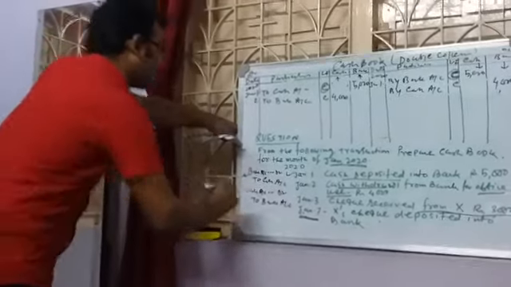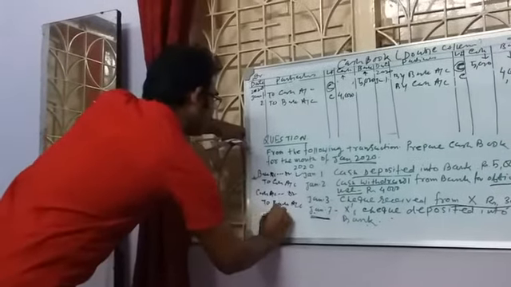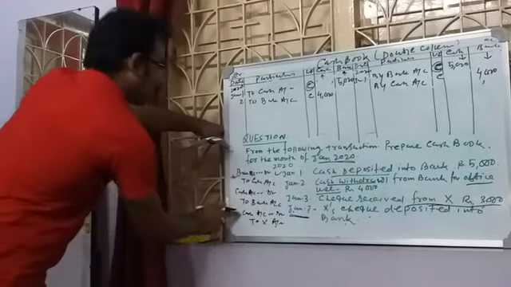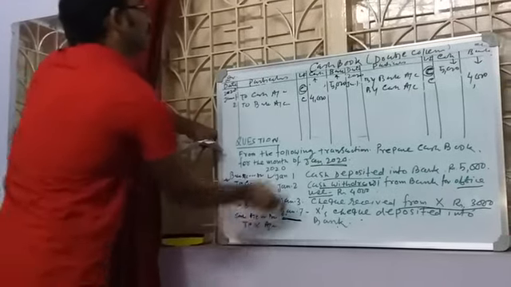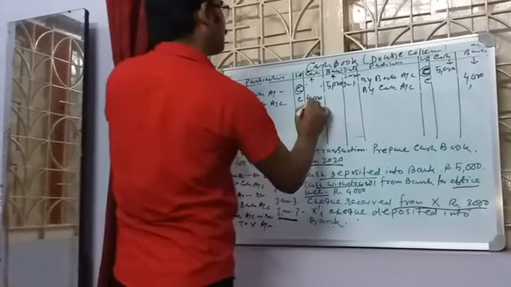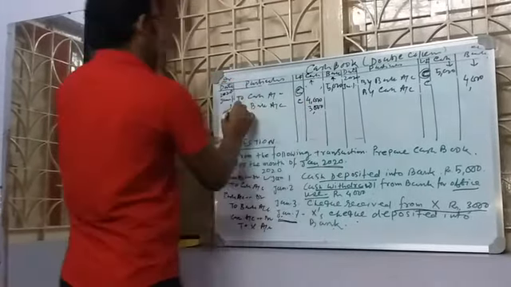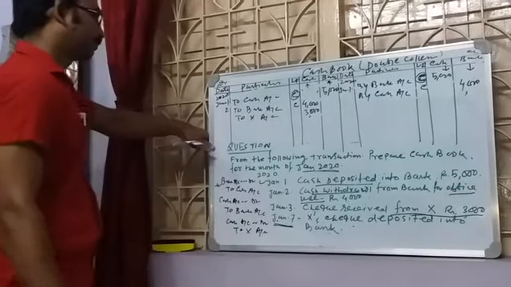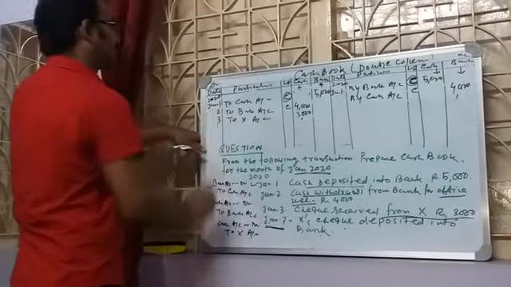What will be the journal entry? Cash account debit to X account. Here in this situation, your cash balance will be increased. How much? 3,000. So here you write to X account, Jan 3.